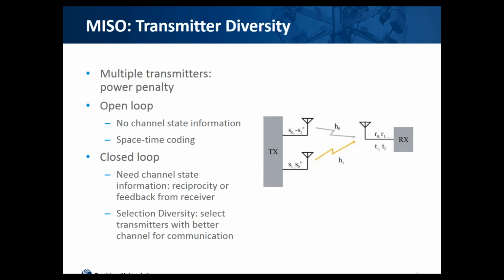At the receiver, during the second transmission, the received signal is S0 minus S1. So we have received first S0 plus S1, and then S0 minus S1. We now have two equations in two unknowns, which means we have enough information to separate the two signals.